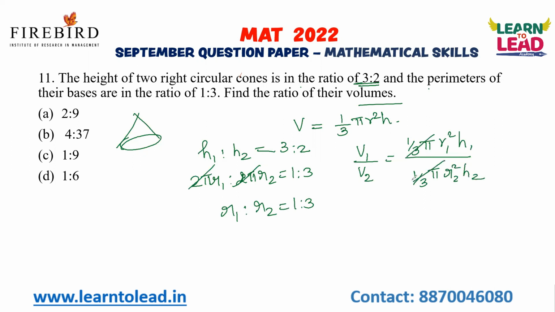The 1 by 3 pi will get cancelled. So R1 square is 1 square into H1, 3. R2 square, 3 square into H2, 2. So 3 divided by 3 square into 2. 3 and 3 will get cancelled. You'll get 1 by 6. That is 1:6 as your ratio. This is your answer.